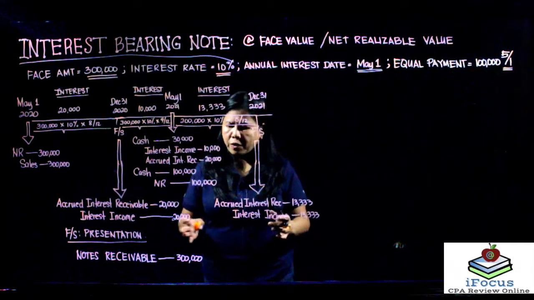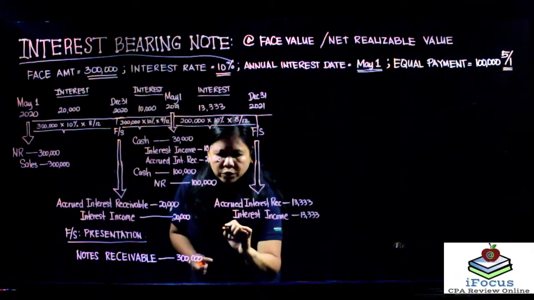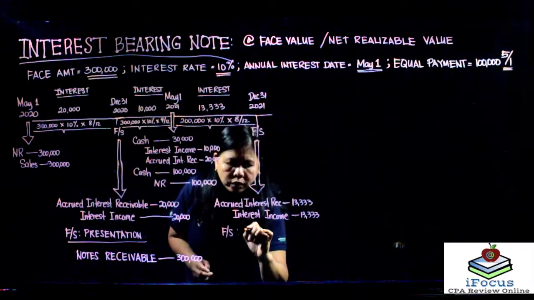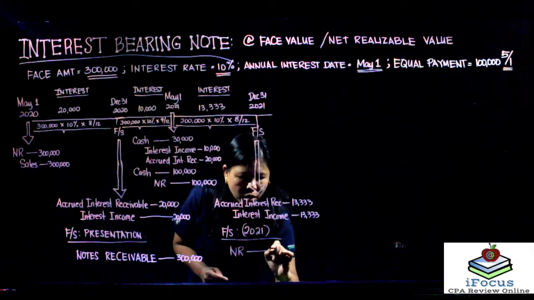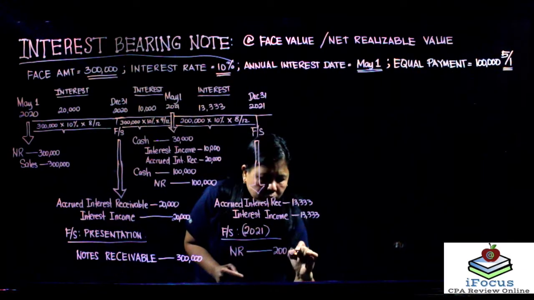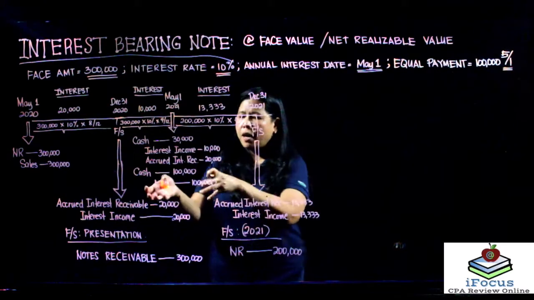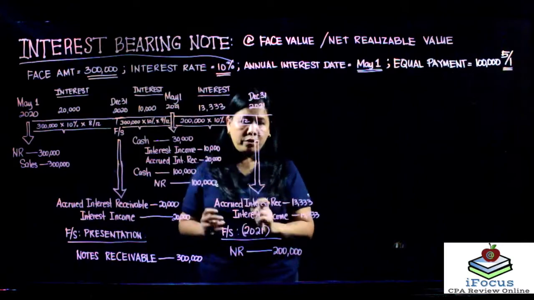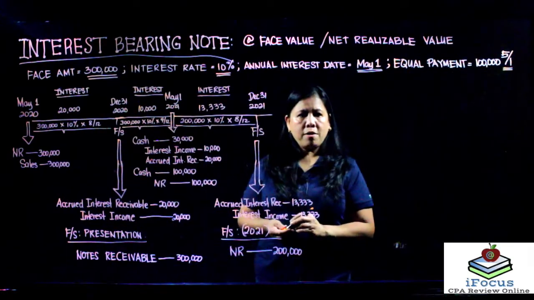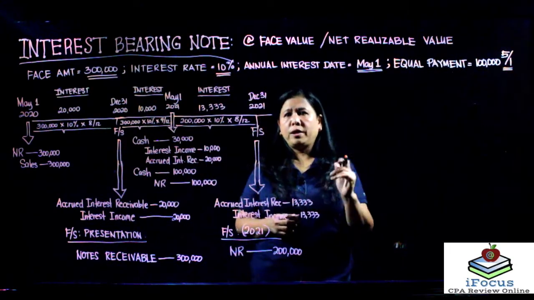And our financial statement presentations for this year 2021, our notes receivable will now be 200,000, because the maker paid us 100,000 as the first installment on May 1st of 2022.